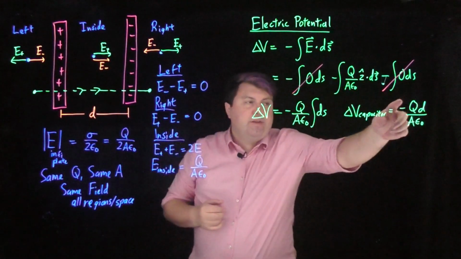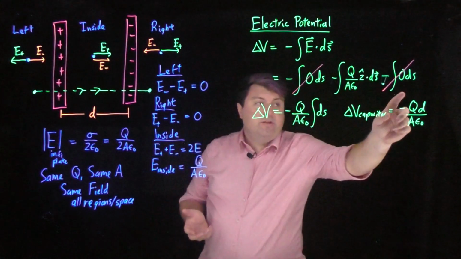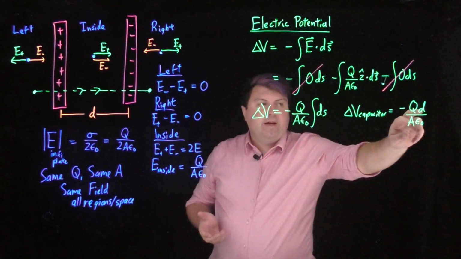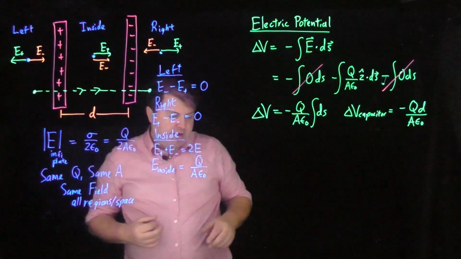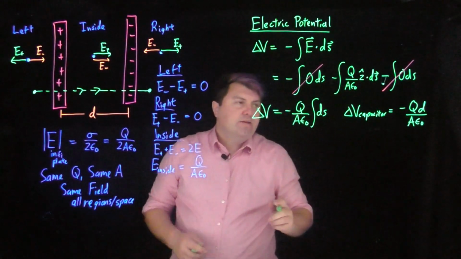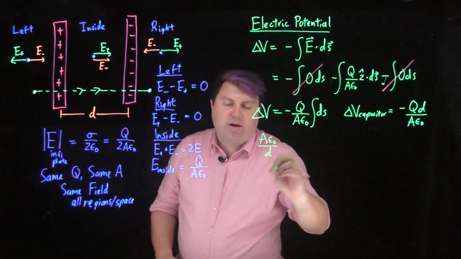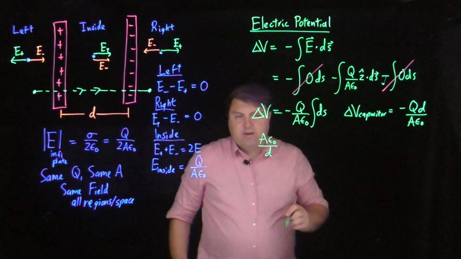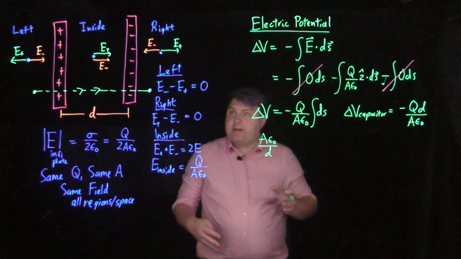So the only thing I'm really able to change in my circuit in a general sense is Q. I don't really care what the d's and A's are; I just care what the total sum is. In fact, instead of d over A epsilon naught, we're going to look at A epsilon naught over d. This is what we care about for our parallel plate capacitor.